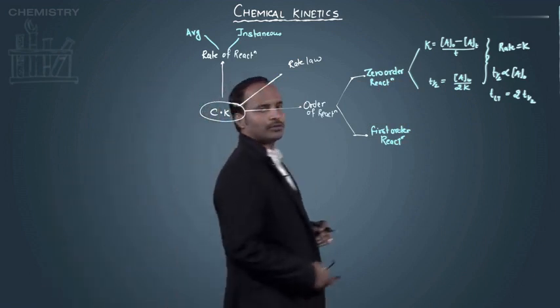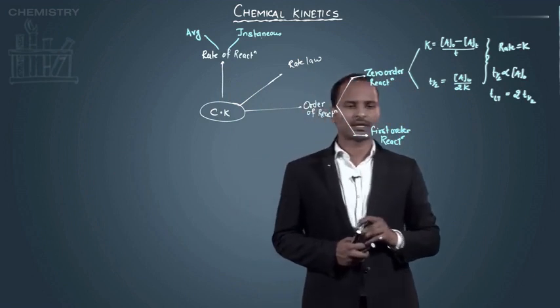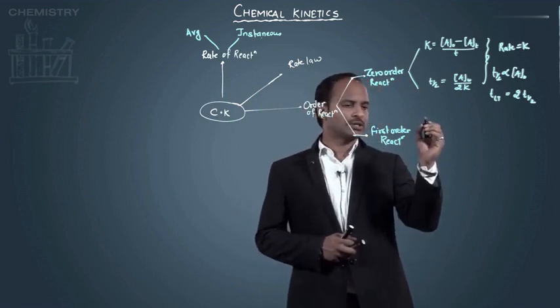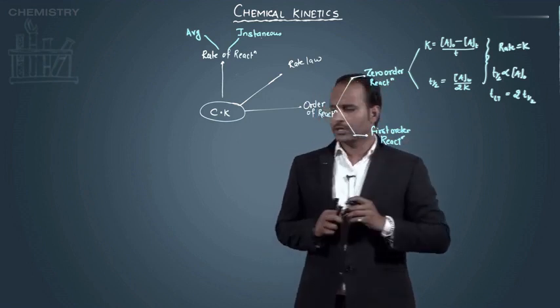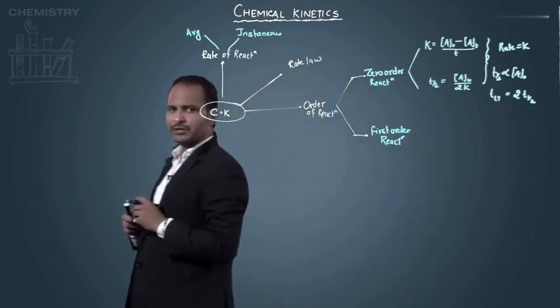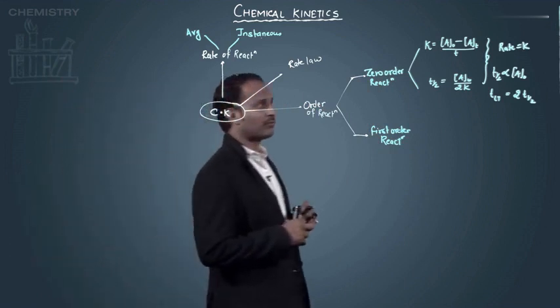Then we did the first order reaction. What is a first order reaction? It is a reaction in which the rate of reaction depends only on a single reactant, raised to the power 1.